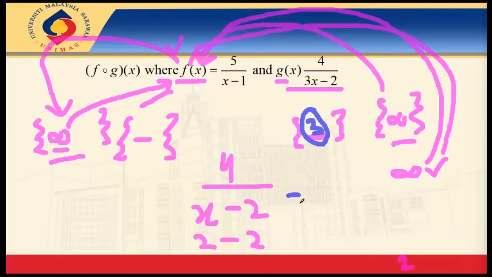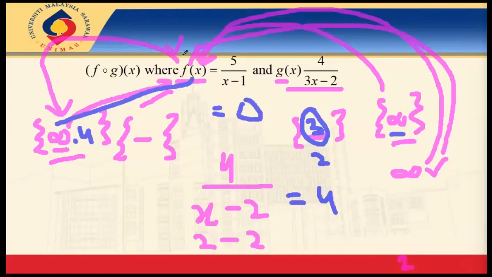And if 4 goes here as an input, there is no problem; like 5 divided by 4 minus 1, which is 3, 5 divided by 3, we will get some value. But if we put the 2, it creates infinity, and if this infinity goes there, the other function cannot handle it.